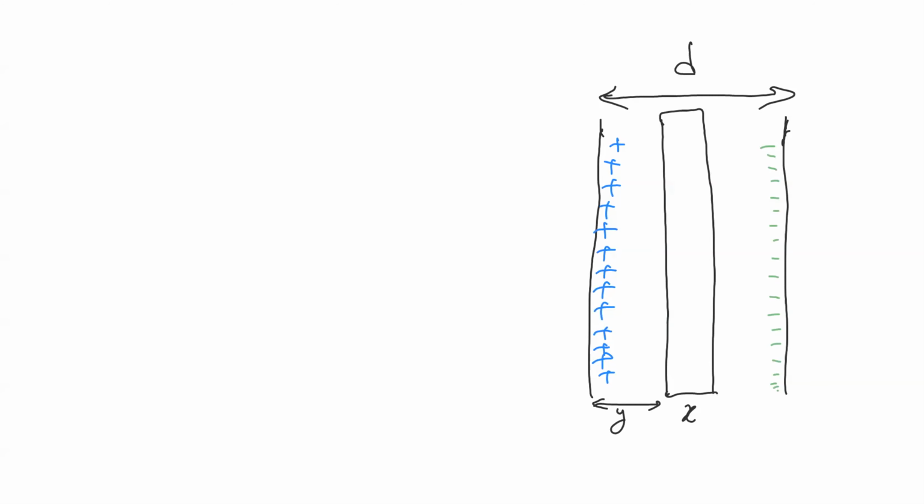So this is y, and the remaining will be d minus y. From one plate it is at a distance of y, from the other plate at a distance of d minus y. The thickness of the dielectric is x, and the area of the plates is A.